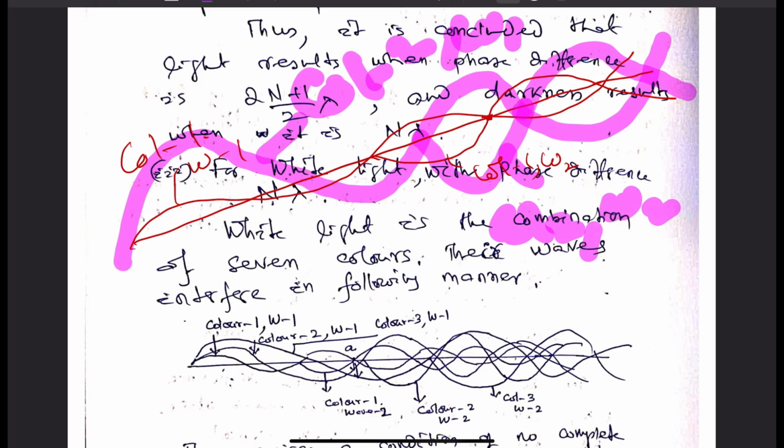So they will not cancel here. This is the position where the first color was becoming extinct. But in that case, this color is present there. This color is present there. But this color is becoming extinct at this position. So here, at the place where the first color is becoming extinct, the second color is present with this vibration.